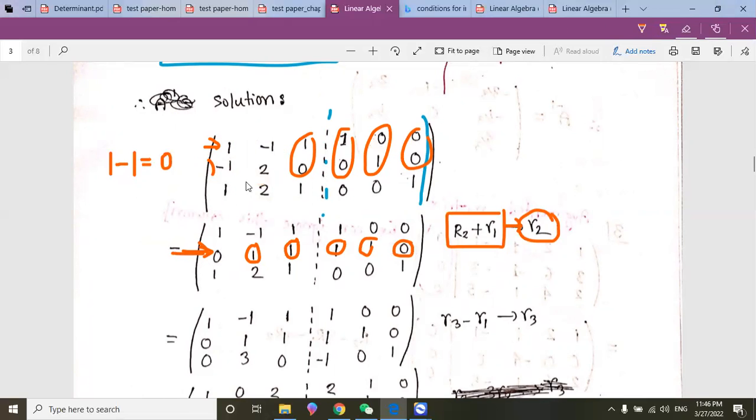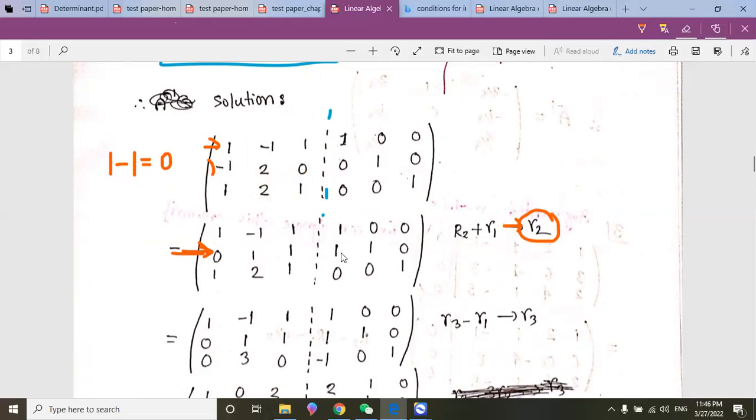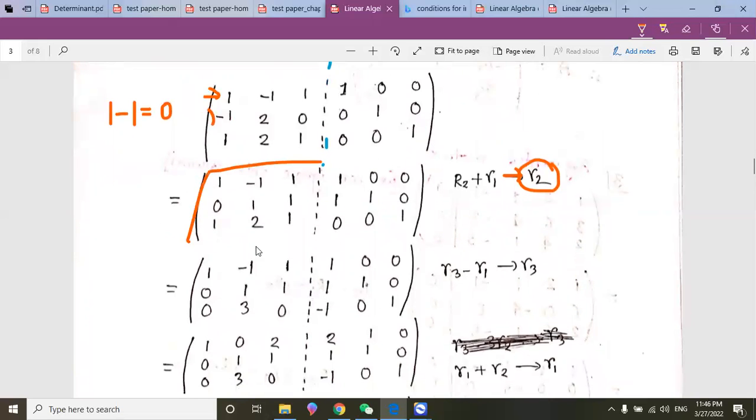And for the second one, again focus on here. We have got 0 here, but we also want to make this minus 1, and this one, and also this one, we want all of them as 0, right? So little by little we have to make some row operations.